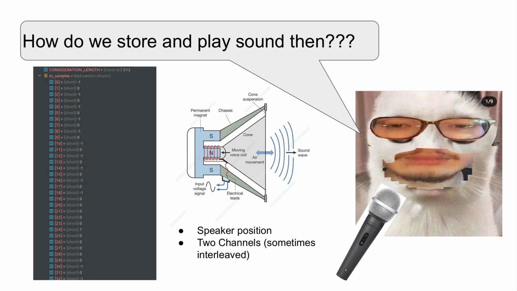So the computer will read these numbers and move the speaker head quickly, and this will recreate the sound. That makes sense because by doing that, you're recreating those expansions and contractions in the air. And microphones work in a similar way to record sound. There's something that moves depending on the sound, and then that records the numbers.